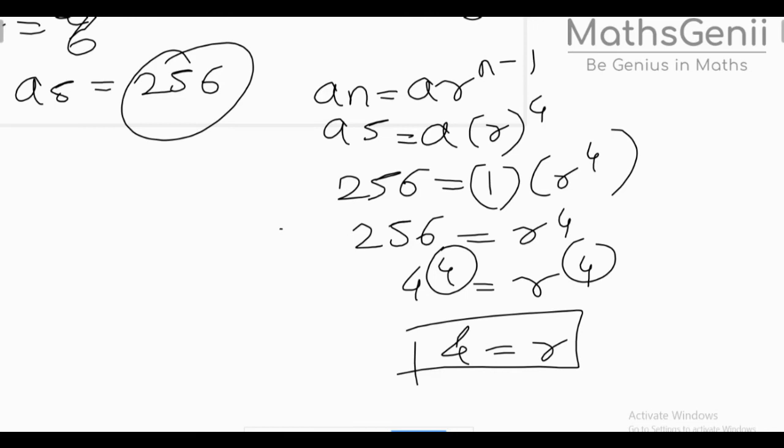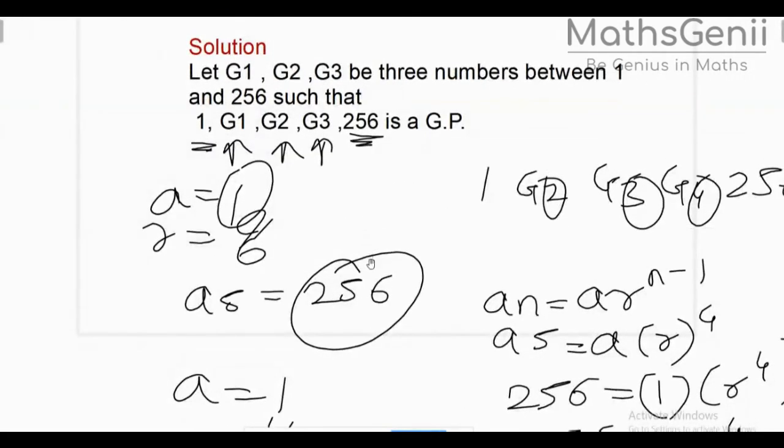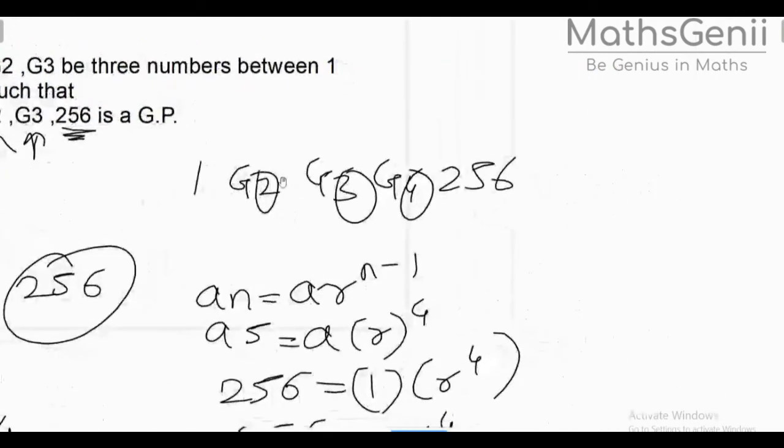Similarly, you will here also get two answers, which is plus 4 and minus 4. So you have r as plus 4 also, and you have r as minus 4 also. Correct? Now let's find it out. Now I want to find G2.